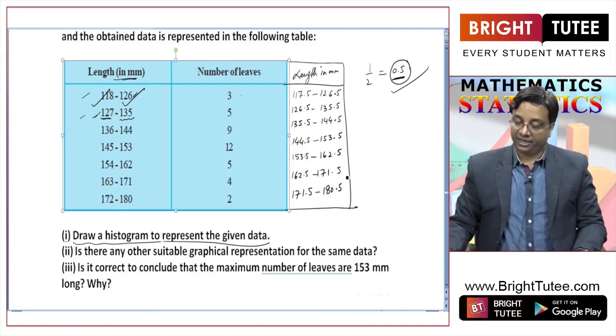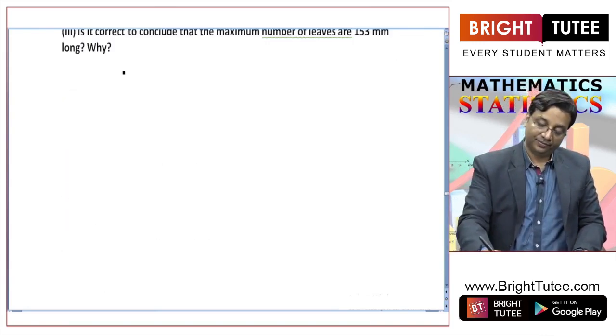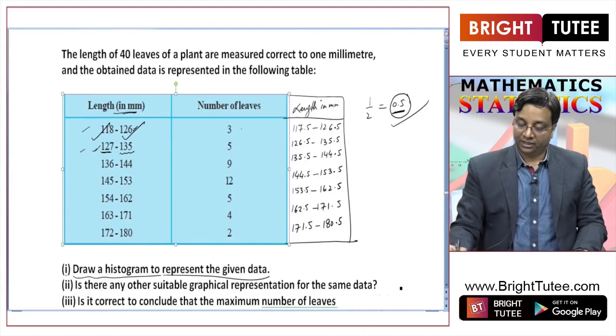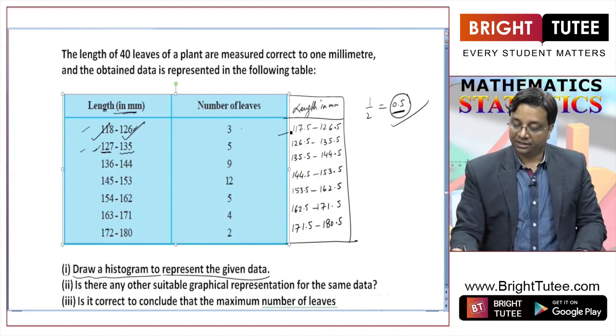So let me make a histogram for this data. I will take these classes on the horizontal axis. Okay, so the class starts from 117.5.